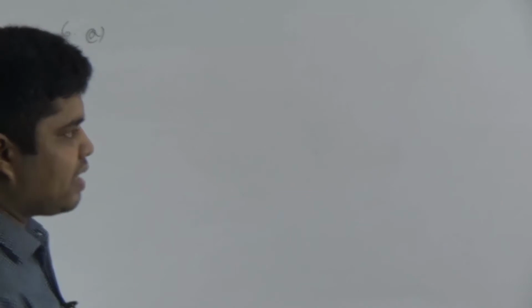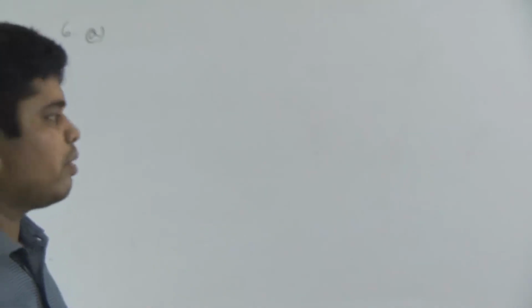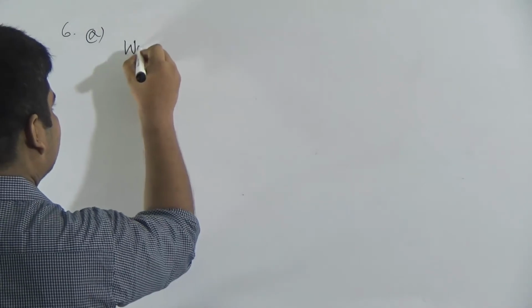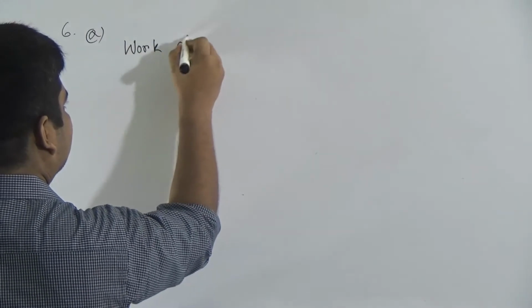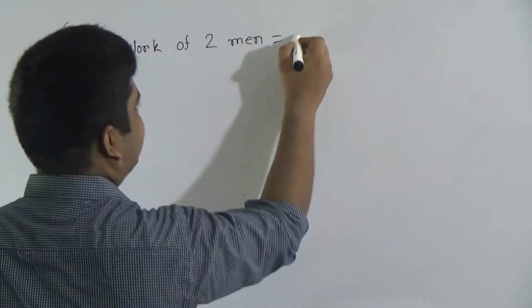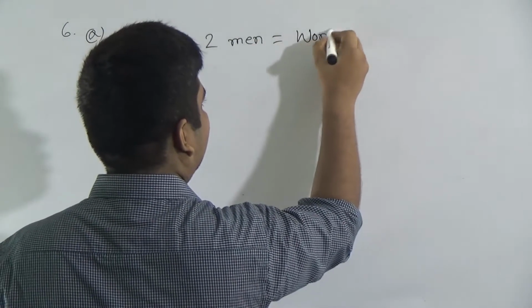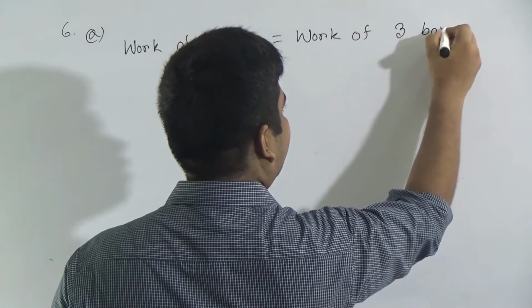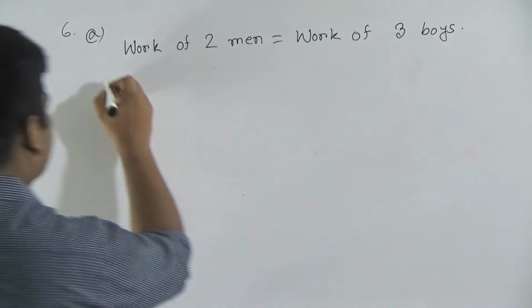Notice here 2 men can do the same amount of work. We want to convert the work of 4 men and 10 boys into the work of how many boys? So first of all we write work of 2 men equal to work of 3 boys.